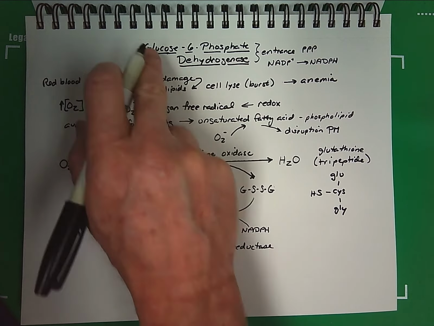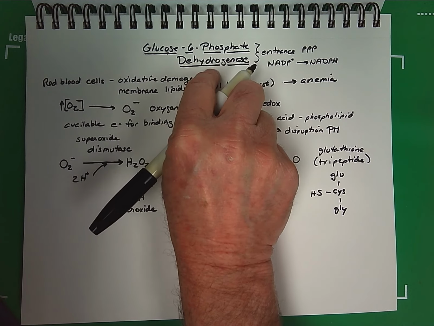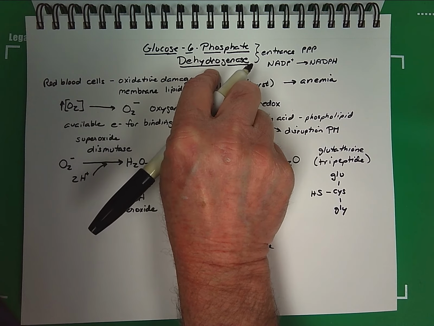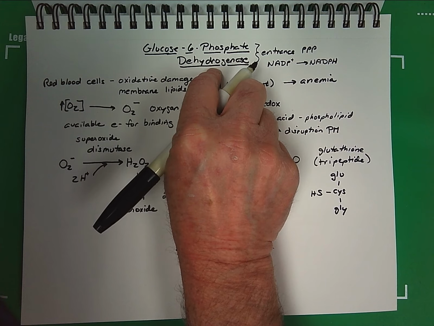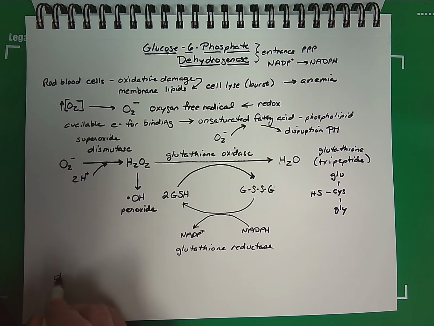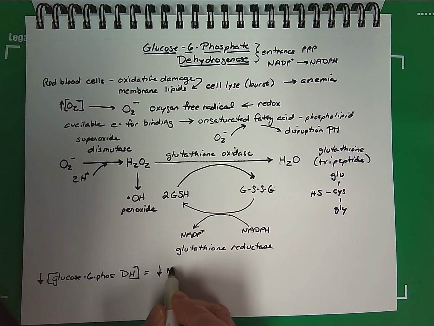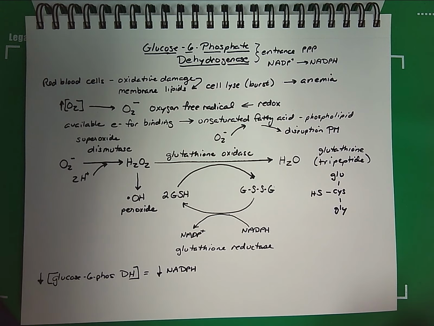So how does this tie back to glucose-6-phosphate dehydrogenase? There are specific mutations in certain individuals that will generate a lower amount of glucose-6-phosphate dehydrogenase. The lower concentration of this enzyme means less NADPH formed.